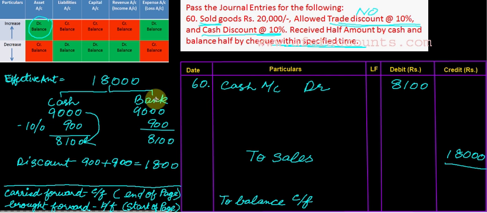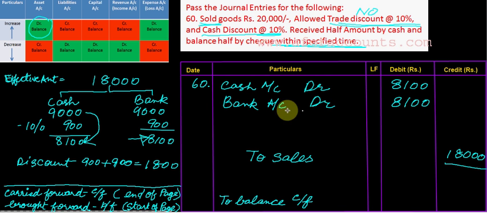I am also receiving something from bank. I had to receive 9,000, but due to payment within the specified time, I give a discount because this is sales. So the bank account will also be debited. I received the payment here, 8,100 through check, that is bank account needs to be debited.